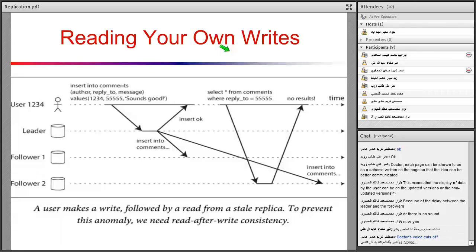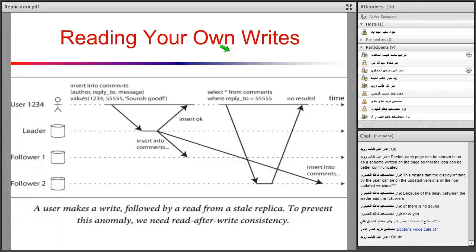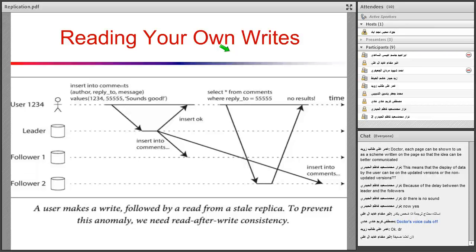The user 1234 wants to insert one record to the comments table.